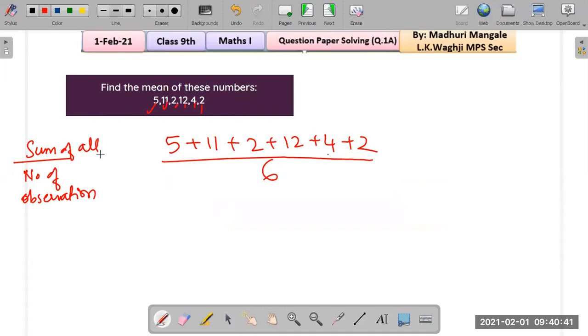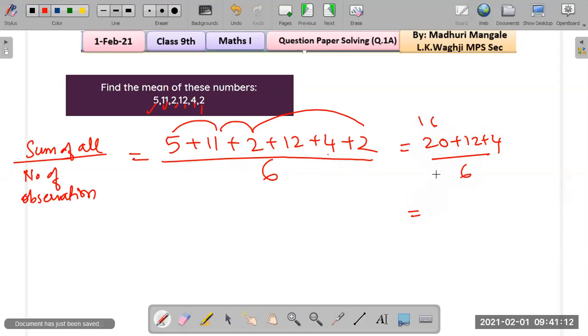So add them up and divide by 6 and you will get the answer. 18 and 2 will make 20, 20 plus 12 plus 4 over 6. What do we get? 16. That will be 36 divided by 6, isn't it? And that will give you the answer.